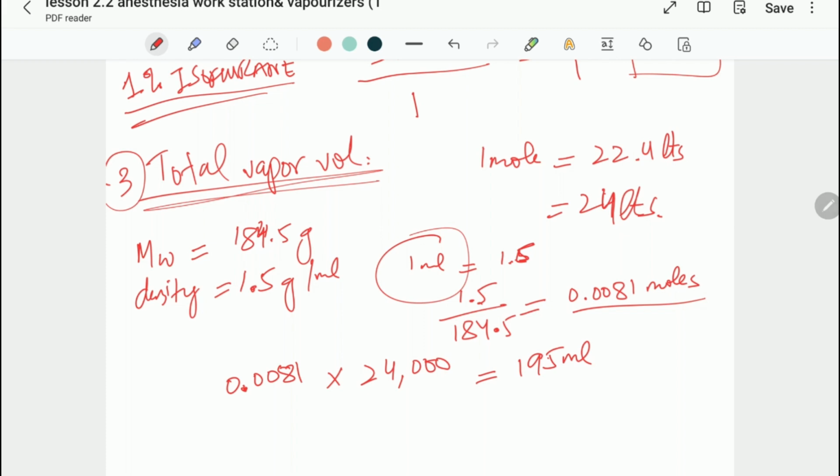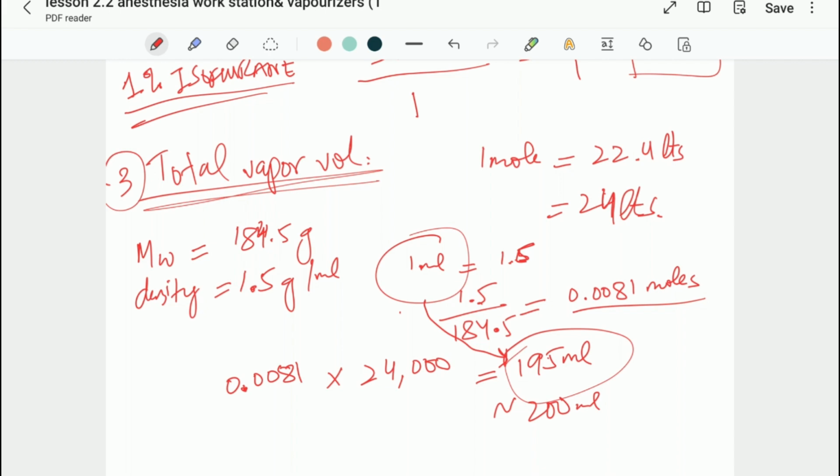So 1 ml of liquid isoflurane will make up 195 ml, or for easier remembering, consider it almost 200 ml of vapors. Okay? This is the total vapor volume. This is how you calculate the total vapor volume.